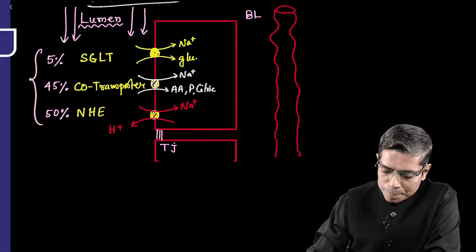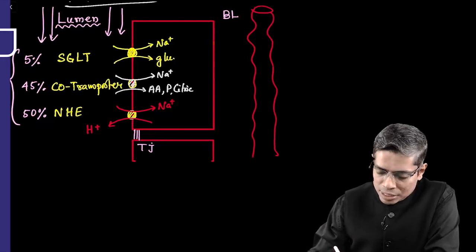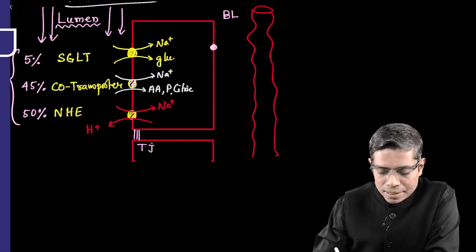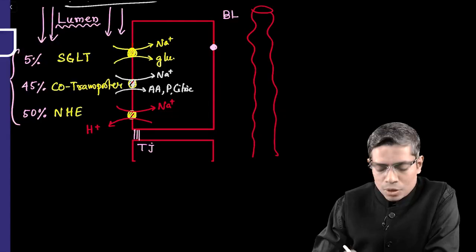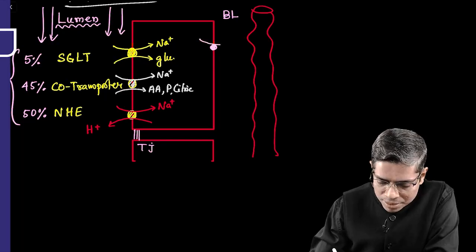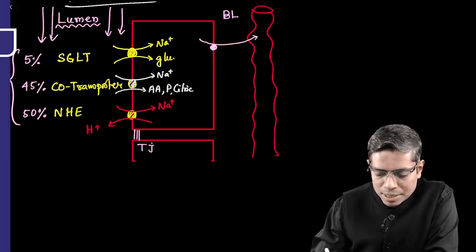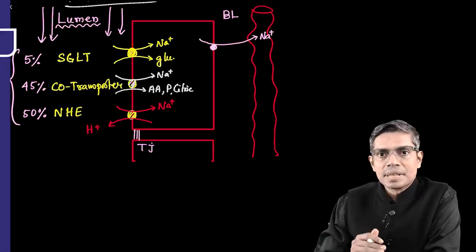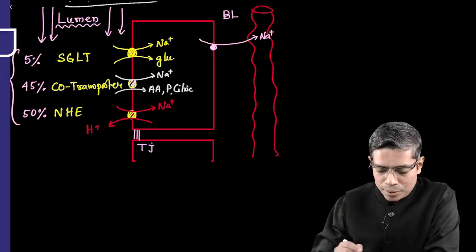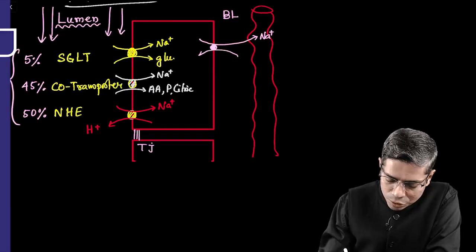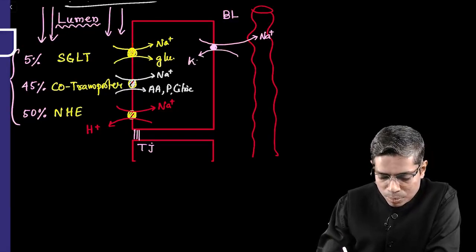Now, if you look at the basolateral membrane, you have to throw the sodium from the cell interior up to the level of the capillary blood. So you require another transporter which will transport sodium from the cell to the capillary blood. This transporter is throwing sodium against the concentration gradient from the cell to the blood, and it will do this in exchange of potassium.